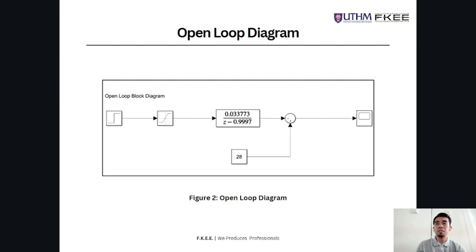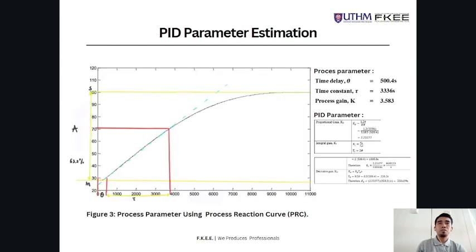So as for the PID parameter estimations, these are the results from the system in the previous slide. After we run MATLAB, we have figure 3, the process reaction curve or PRC. On the left side of the figure are the parameters estimated from the time delay, time constant, and process gain.